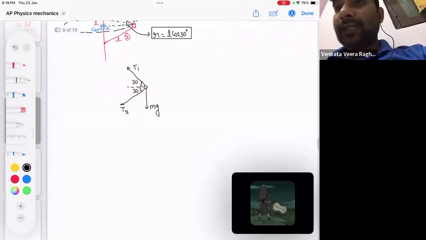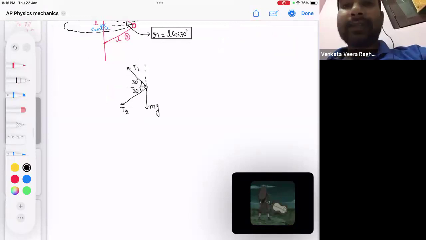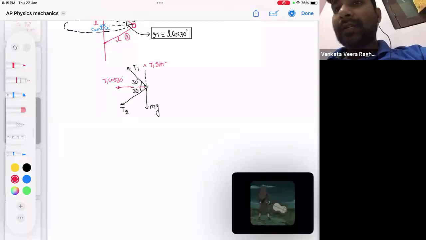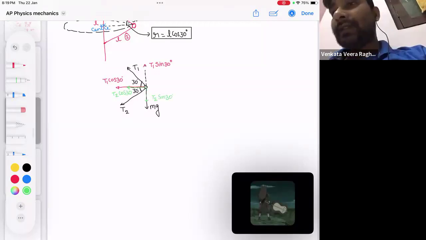Now I'm going to take the component towards the center and perpendicular to this. This component will be T1 cos 30, and the other component T1 sin 30. Same way, the T2 component will be T2 cos 30, and the other component T2 sin 30.